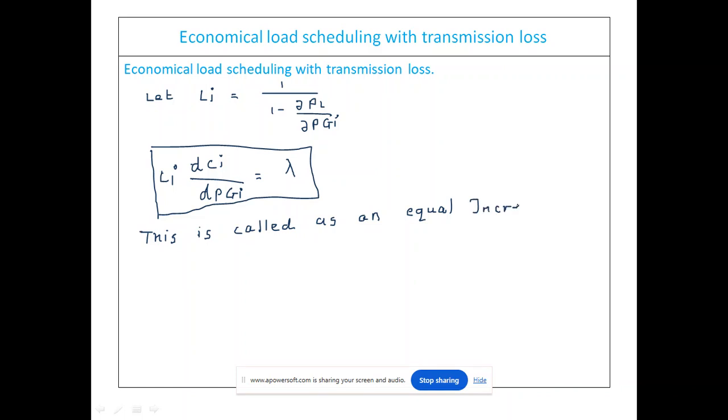It is also called as coordinate equation, but we can write it like this also: incremental cost criterion with transmission loss. Okay, with transmission loss.